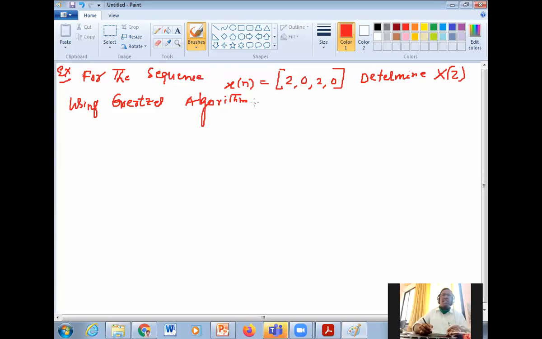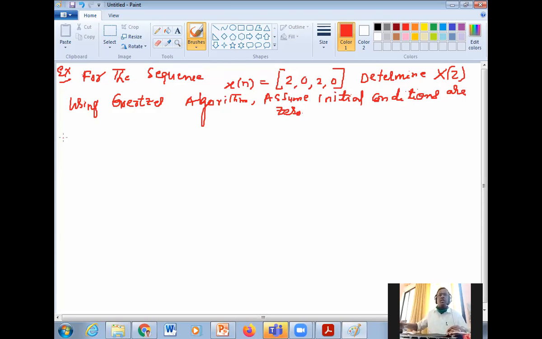Assume initial conditions are 0. So this is the question we have.